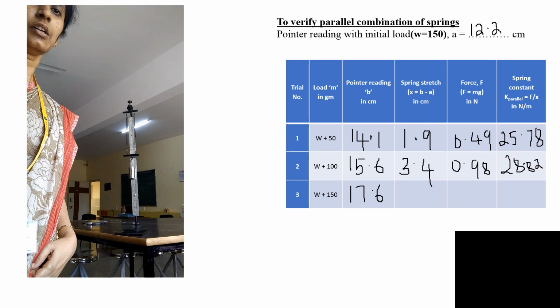And the last one is 17.6 minus 12.2, which is 5.4.